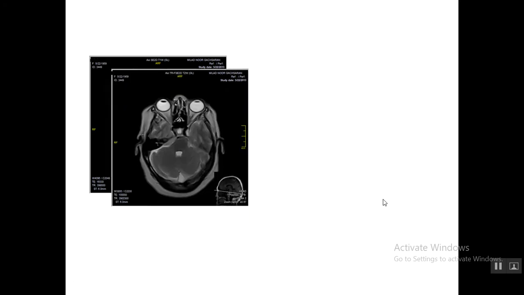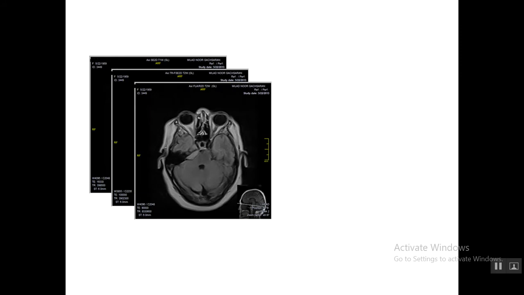Irrespective of these picture characteristics, the next image of the patient is a FLAIR image. What abnormal finding could you find?